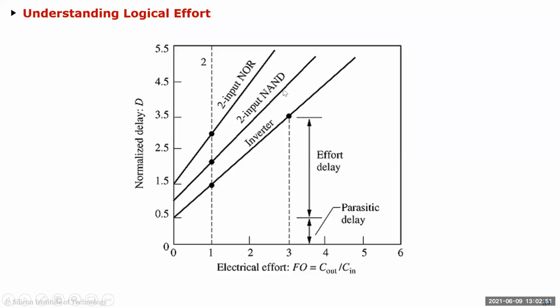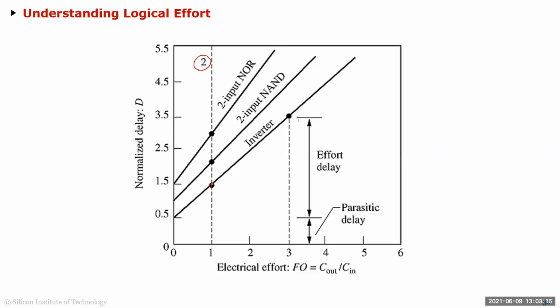And the 2-input NAND gate is normalized to the inverter. So it's showing you that the slope is higher. And the 2-input NOR gate is showing you that it is even higher. What you can see here is that this is for a fan out of 1.